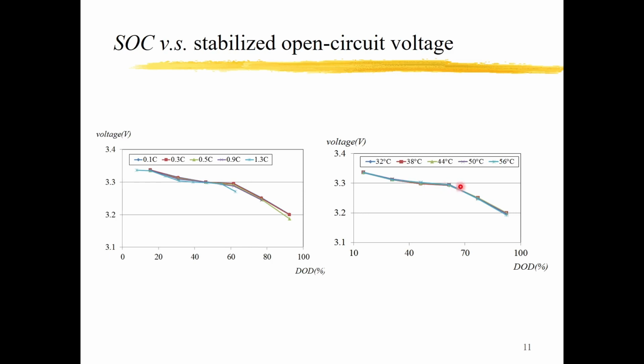And this is under different temperatures. Under different temperatures, we discharge a battery and stabilize it, and the voltage and the SOC are still very close. So usually we can use the voltage to substitute the concept of SOC. They are almost equivalent in our language.